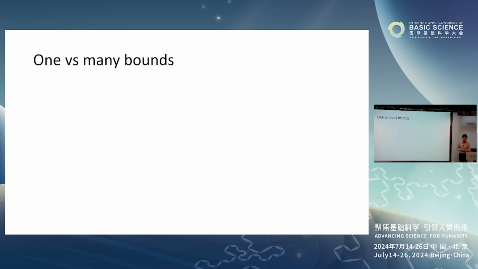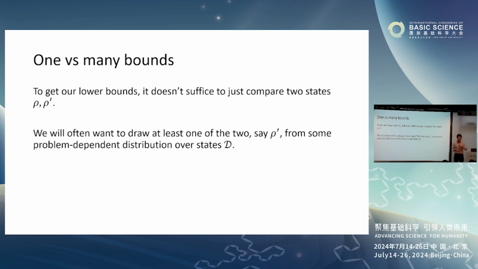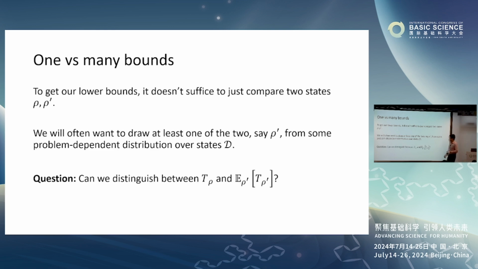Now typically, if you're familiar with, for instance, statistical learning bounds, to prove these lower bounds, it's not going to suffice to just take one pair, rho and rho prime. We're typically going to have to draw at least one of these from some family of possible states, so from some problem-dependent distribution over states. Let's say we draw rho prime from some distribution D. So now the question is still really simple.